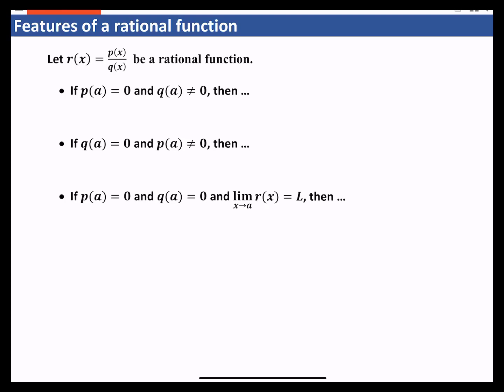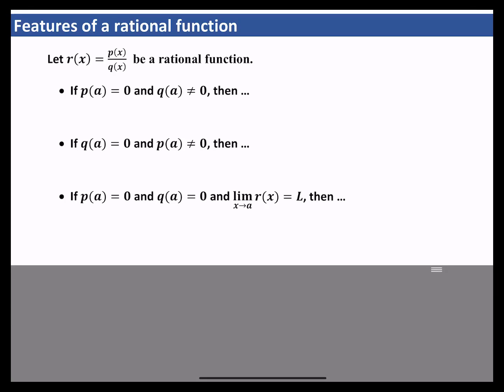And we saw that if p of a equals 0, so if the numerator equals 0, and q of a does not equal 0, so the denominator does not equal 0, then r of x has an x-intercept at a comma 0.